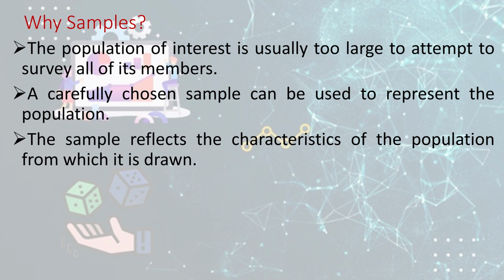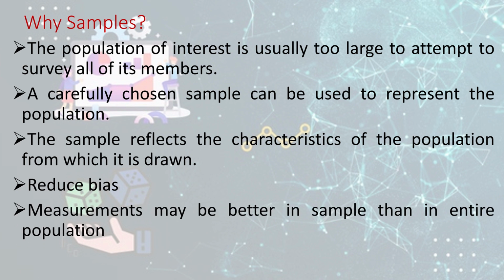The sample basically reflects the characteristics of the population from which it is drawn, and it also reduces the bias in the data. We do measurements in a sample because it's easy to do, and then we make conclusions about the entire population, and obviously it's very feasible as well.